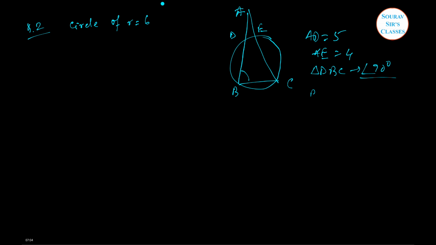Then they have asked you to find the value of BC. Actually, they asked you to show this. So proof is always safer, I believe.